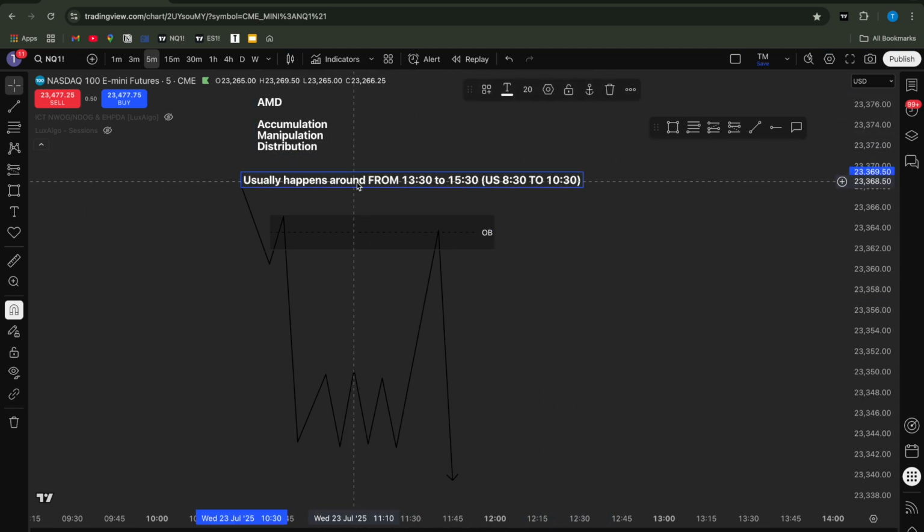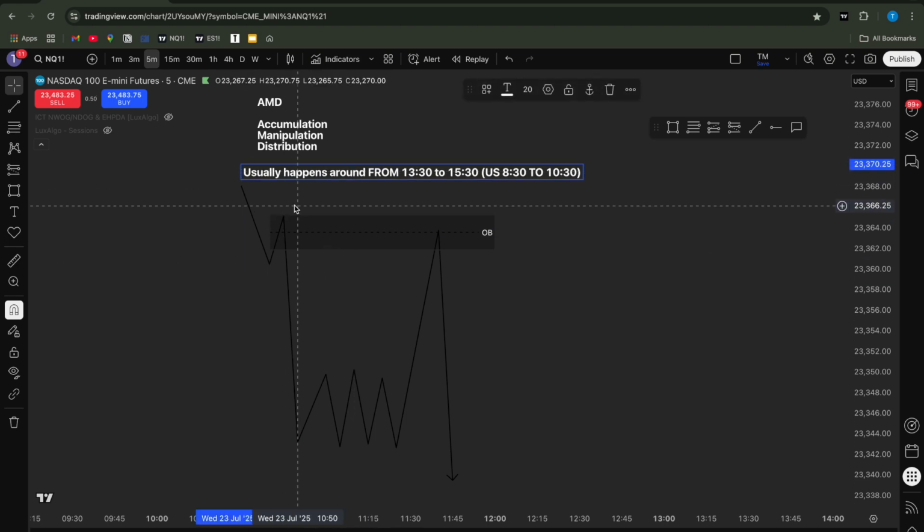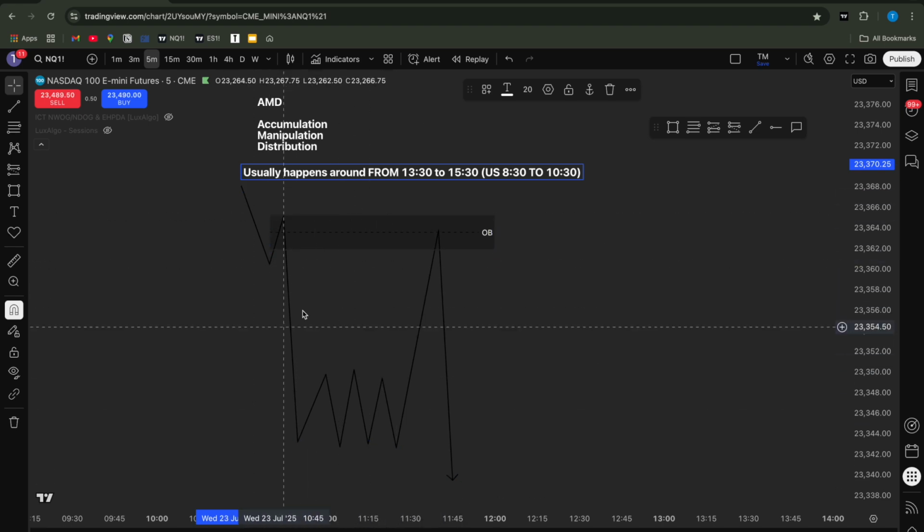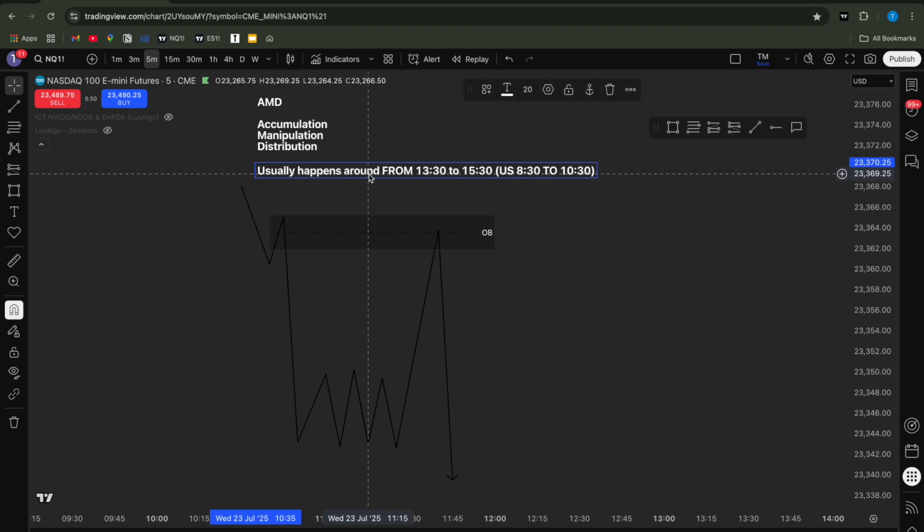And right, so AMD is sort of like a pattern that you look for, that gives you kind of an inkling of what price is doing and where it wants to go. So it usually happens from around 1:30 until 3:30 UK time, or US time 8:30 till 10:30.